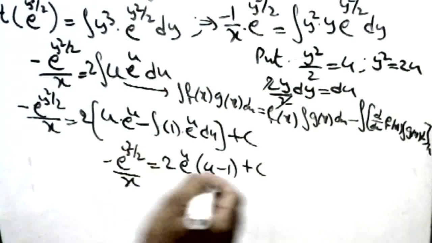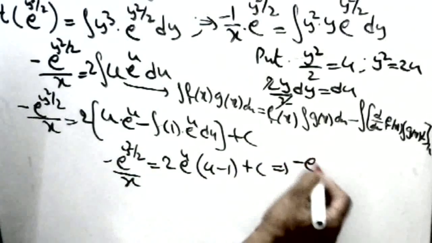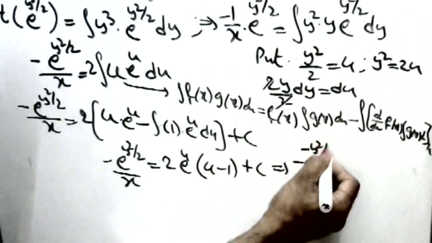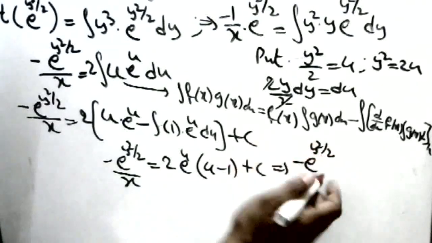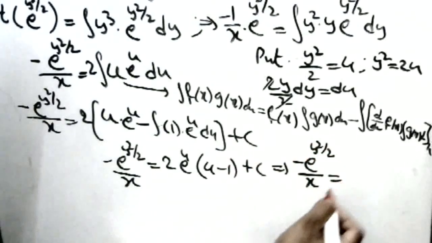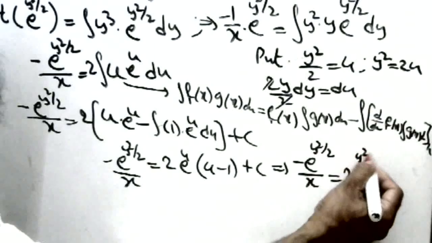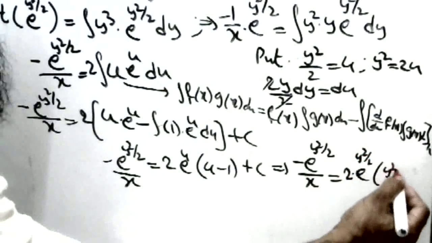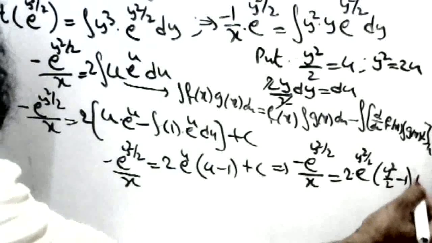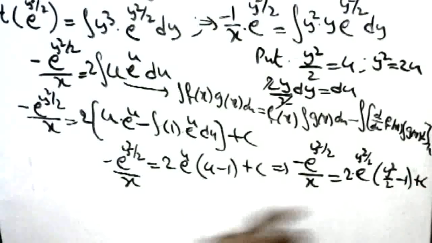In place of u we take y square by 2. It will become minus e to the power of y square by 2 by x equals 2 into e power u, with u being y square by 2, minus 1, plus c.